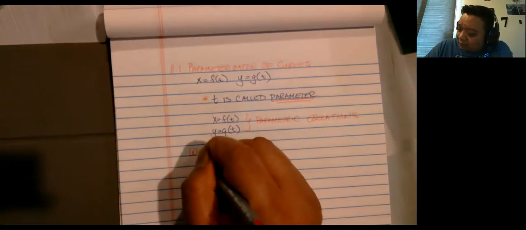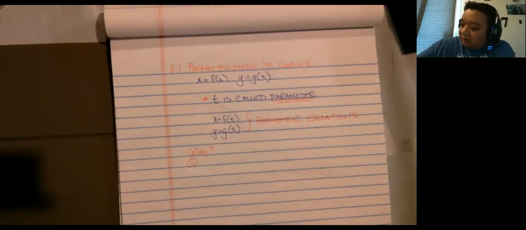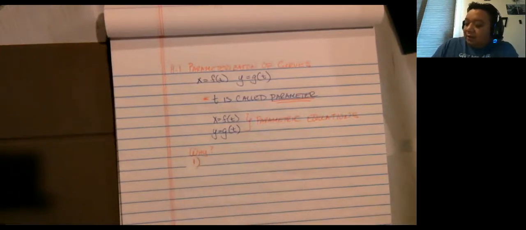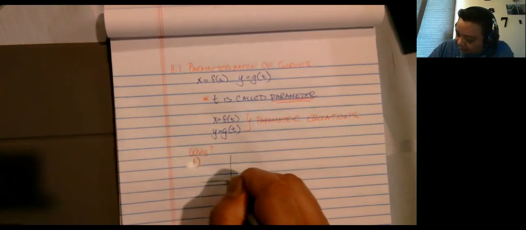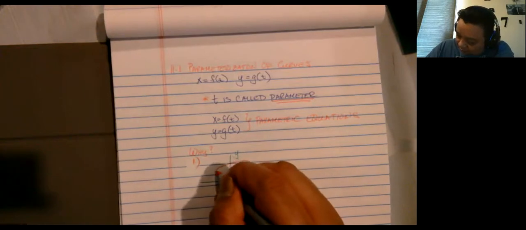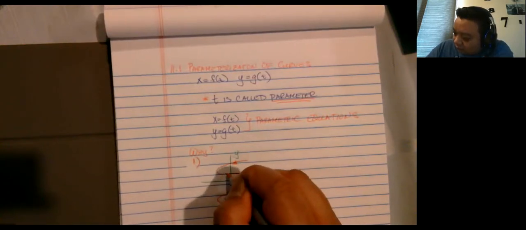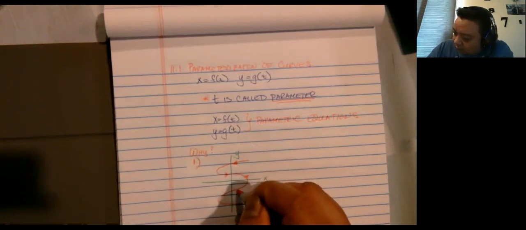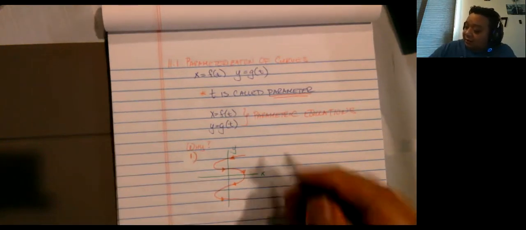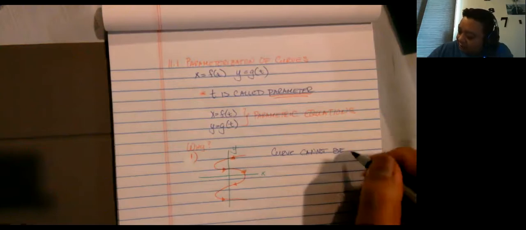Why use them? The first reason: if my graph happens to look like this, the curve cannot be represented by a function.